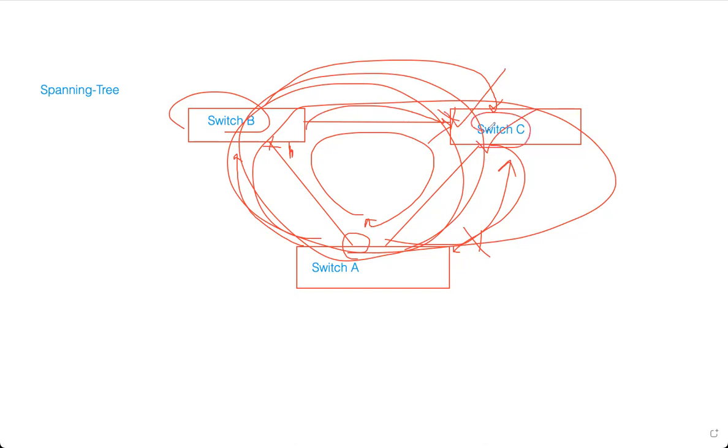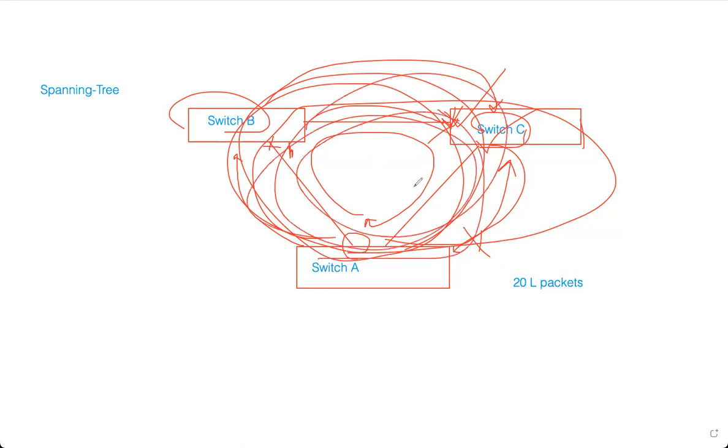So switch C continuously doesn't know which port to send the traffic to or where the destination lies. The CPU, the brain of the system, gets confused because there are so many flaps. Think about 20 lakh packets looping continuously. The hardware cannot handle that loop and the switch will completely go down.